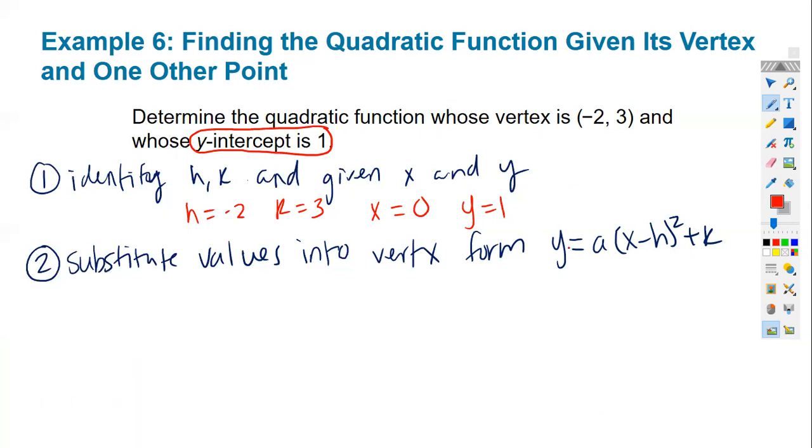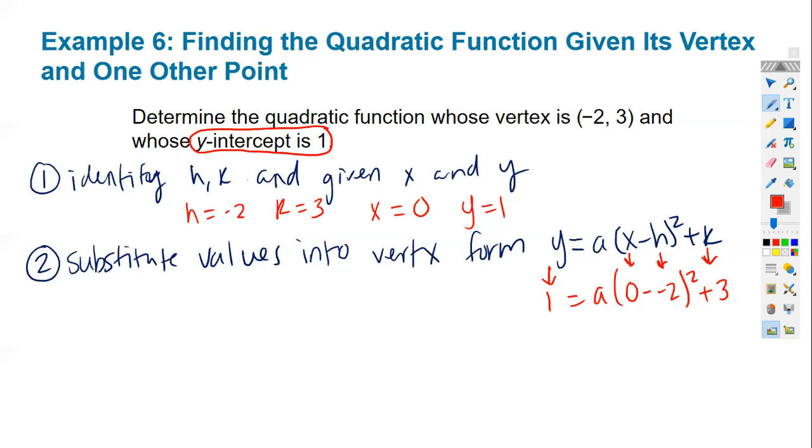So switching to red, we have that y is what? 1 equals, we don't have an a. We know that x is 0. We know that h is -2, and we know that k is +3. Questions about substituting the values in?